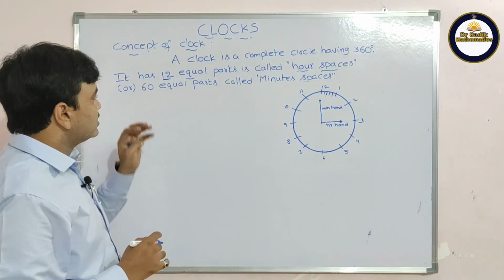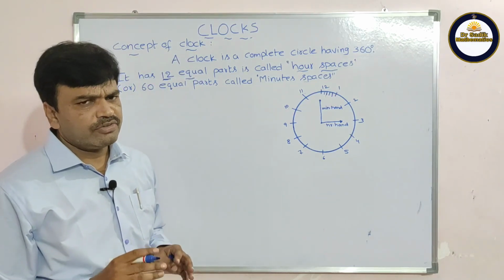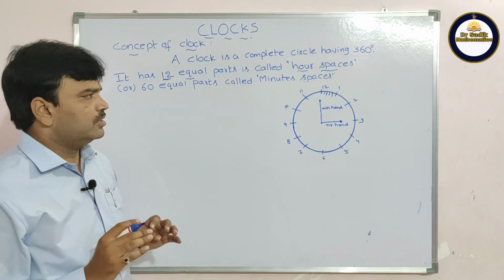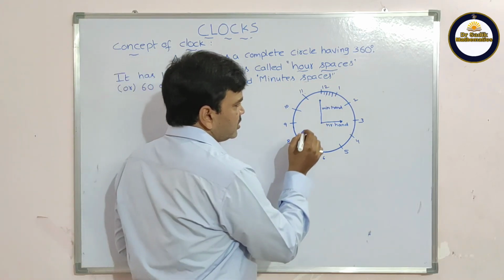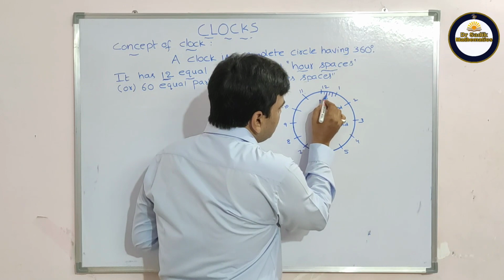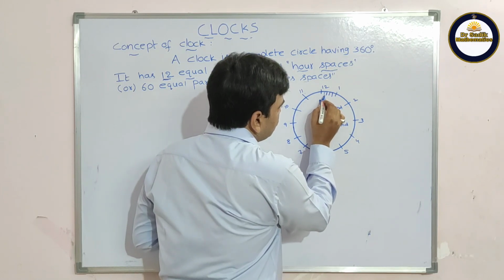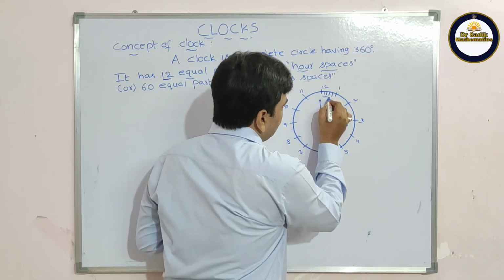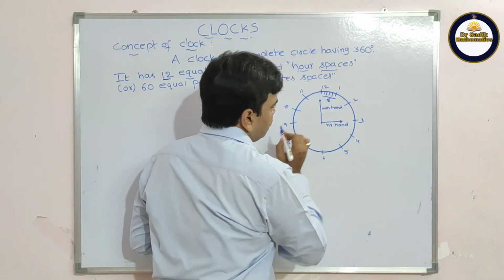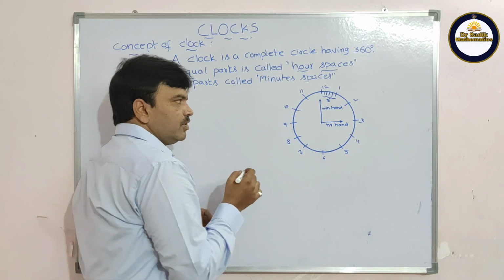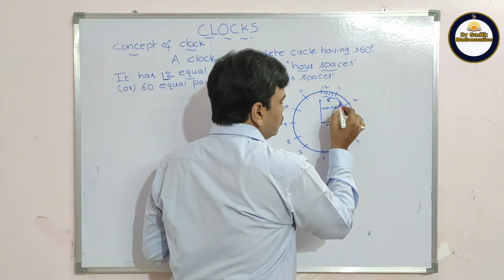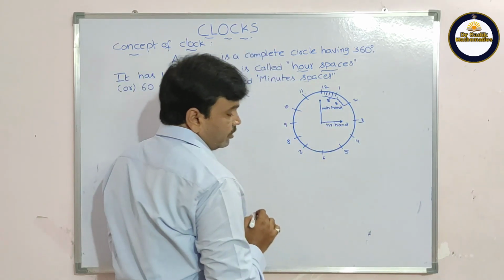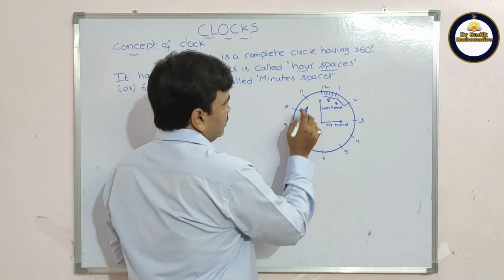What are the 60 equal parts? See here, between 12 and 1, if you observe 1, 2, 3, 4, 5, there are 5 equal parts. Similarly, between 1 and 2 there are 5 equal parts, and so on.